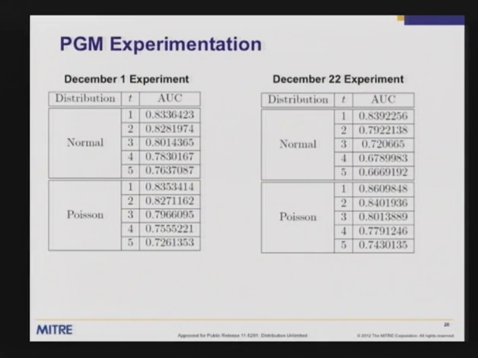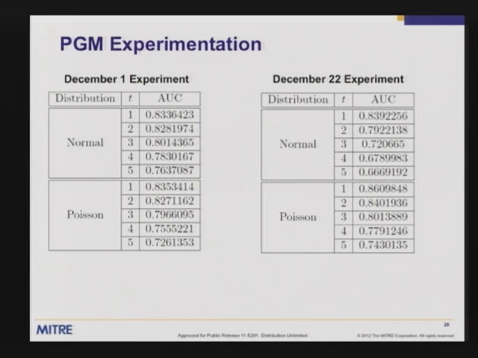Go ahead. Can you talk a little bit about using the Poisson distribution there? It seems like the area under the curve, those numbers for the normal were actually higher in certain cases, right? When the T was really high, the area under the curve was higher. And again, I have to go back and exactly understand.